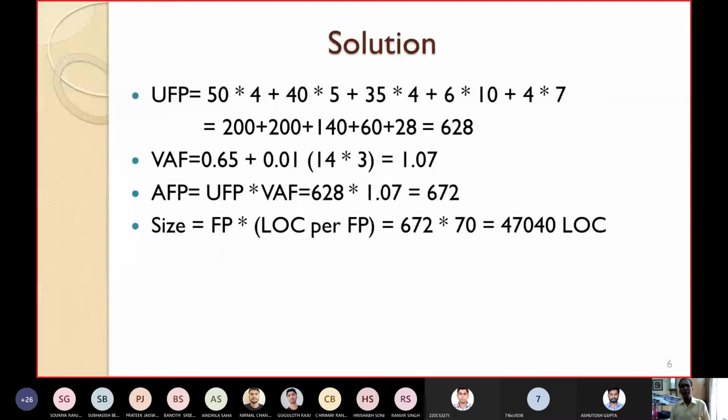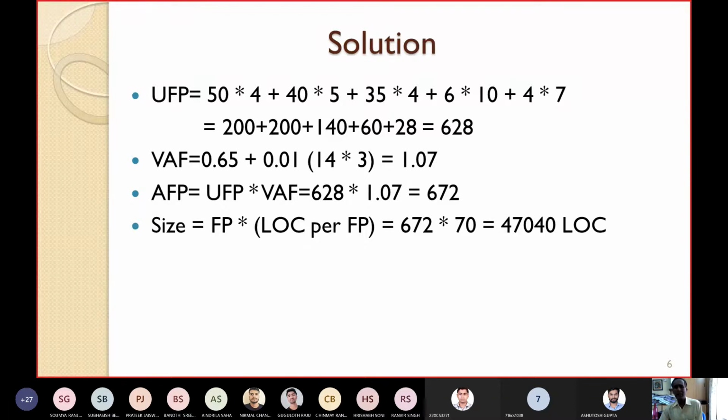Again, I can go to the formula. You know the formula. Last class I gave: 4 into number of inputs plus 5 into number of outputs plus 4 into number of inquiries, 10 into number of files, 7 into number of interfaces. So this formula you have already seen, and I have already told you these values are for medium or average complexity.